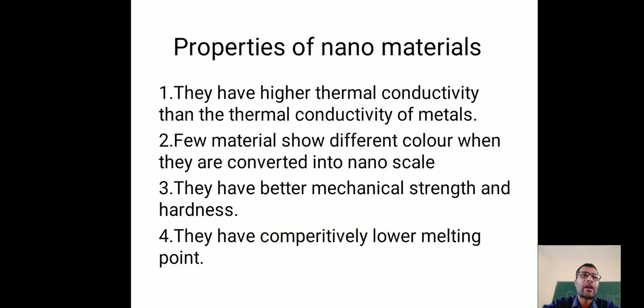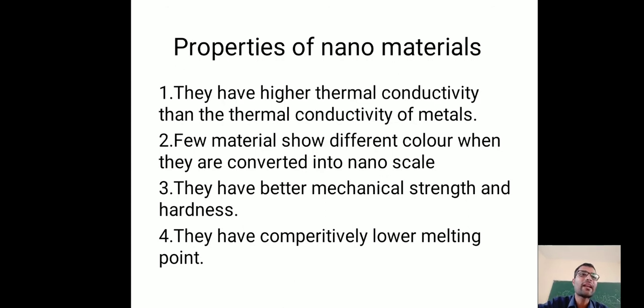So, properties of nanomaterials. These materials have higher thermal conductivity than metals. Means thermal conductivity of nanomaterials is good. Then second property, a few nanomaterials show a different color when they are converted into nanoscale.